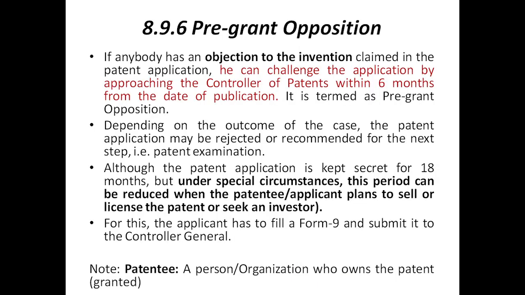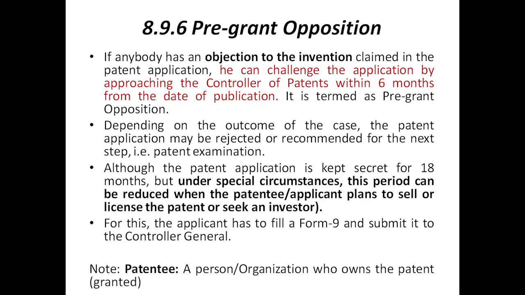You understood? Pre-grant opposition means that after 18 months of filing, your patent is made available to the public. It will be published in the patent journal, and if anybody objects within 6 months of that publication, it will be looked into very carefully by the controller of patents.